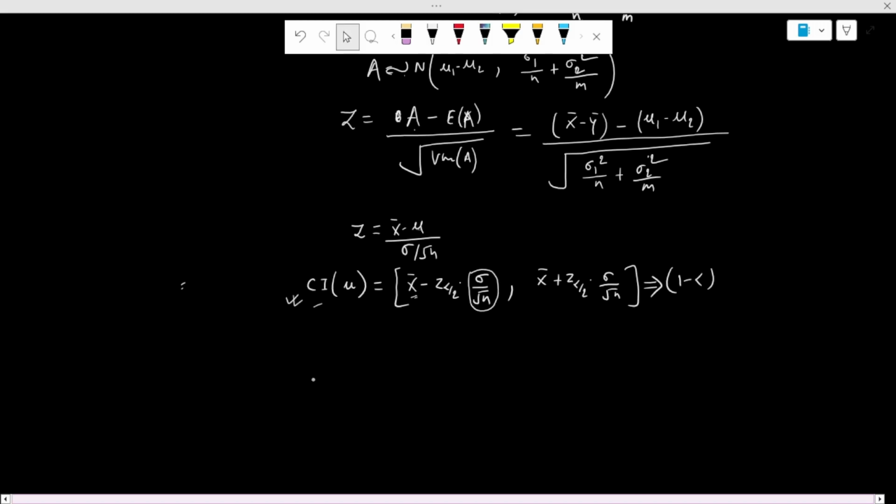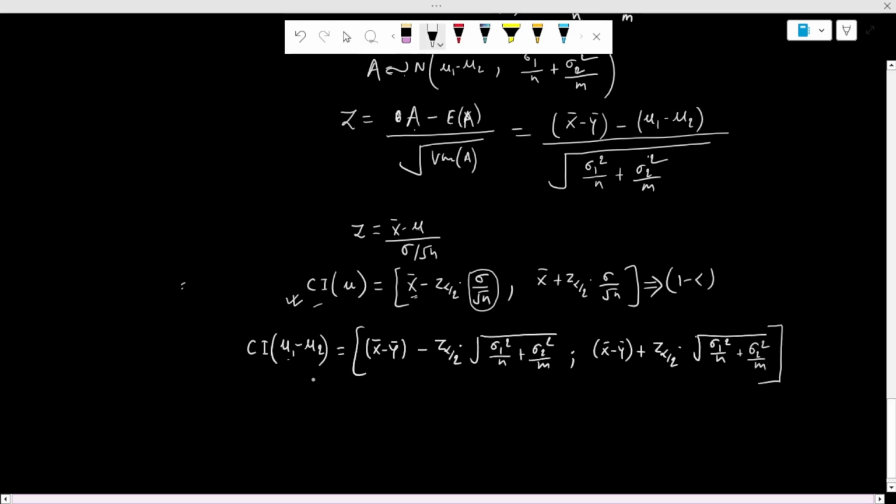So following the same process, we can calculate the confidence interval for the difference of the means of two normal populations, mu1 minus mu2. In place of x bar, we write the difference of the sample means from two populations, minus z alpha by 2 times the square root of the variance, which we write as sigma 1 square by n plus sigma 2 square divided by m. This is our lower bound, and for the upper bound we write the same with a plus sign. So this is how we calculated the confidence interval for the difference in means of two independent and normally distributed populations.